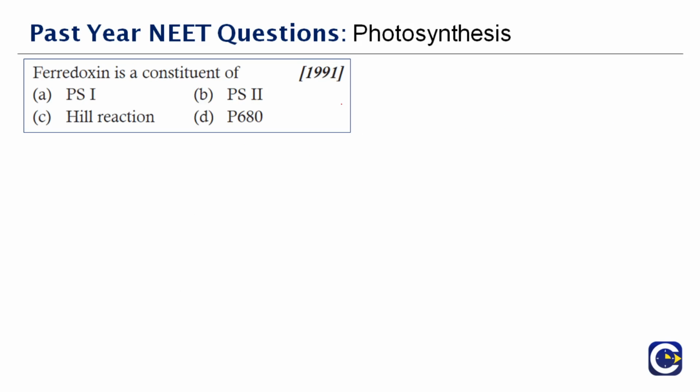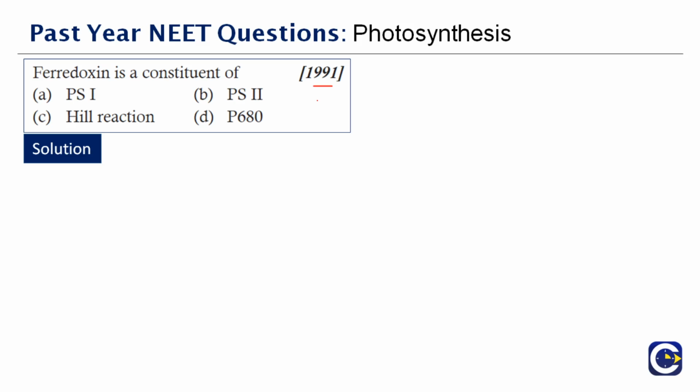Next question here, which was asked in the year 1991. Ferredoxin is a constituent of dash. So far we saw photosystem 2, which involves photons and is the first link in the chain of photosynthesis. So what is ferredoxin? First you need to know it has iron.